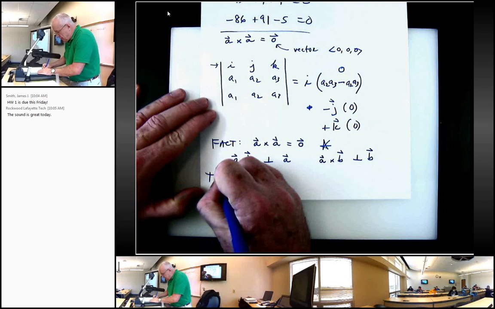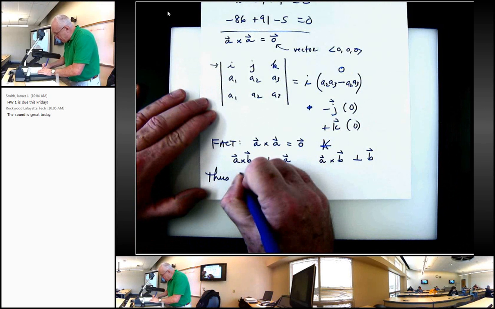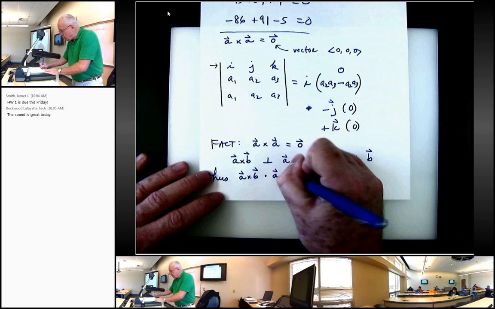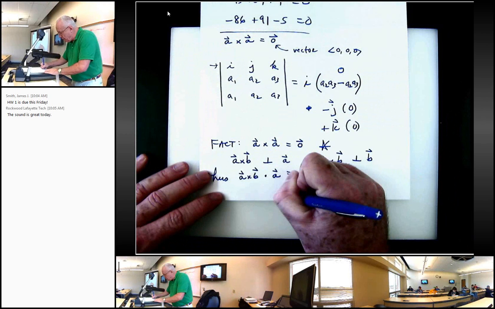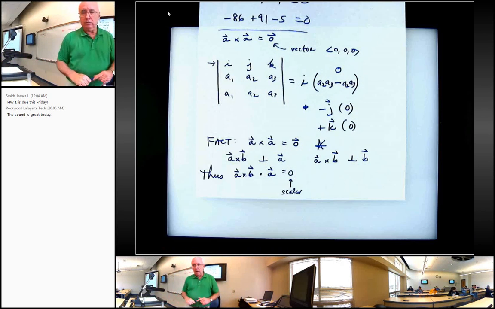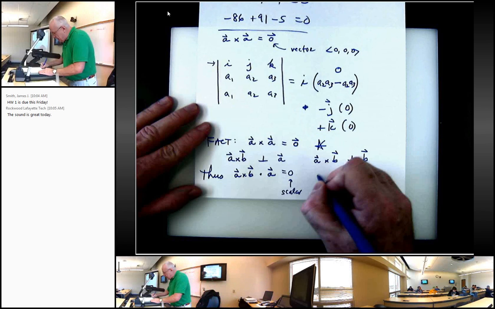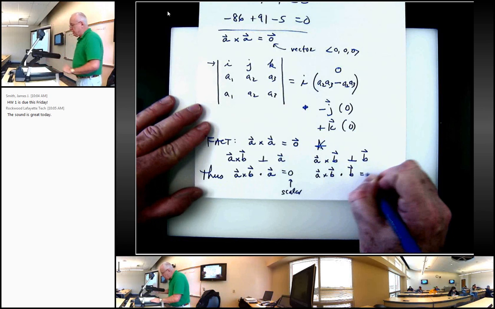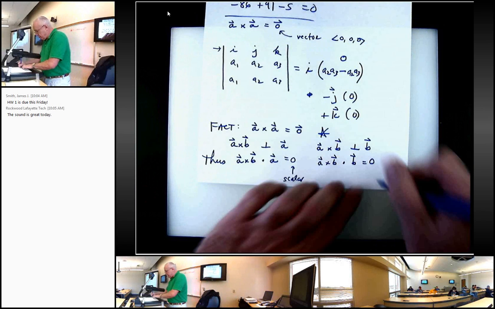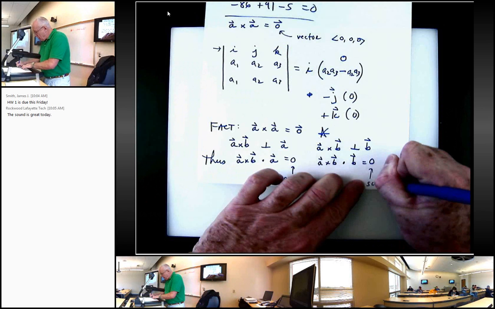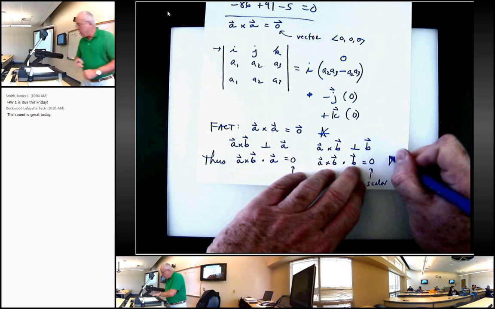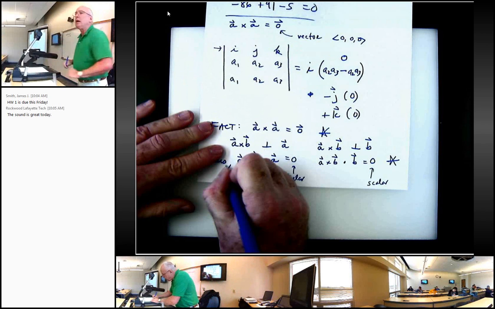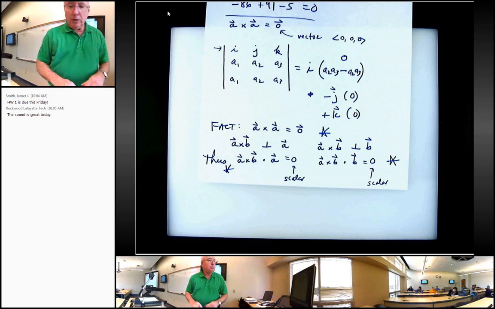Thus, the dot product of A cross B with A is equal to the number 0 because they're orthogonal. And A cross B dotting it with B is also going to be 0, a scalar. So those are a couple of other properties, those last two that I had written there, that you should be familiar with.